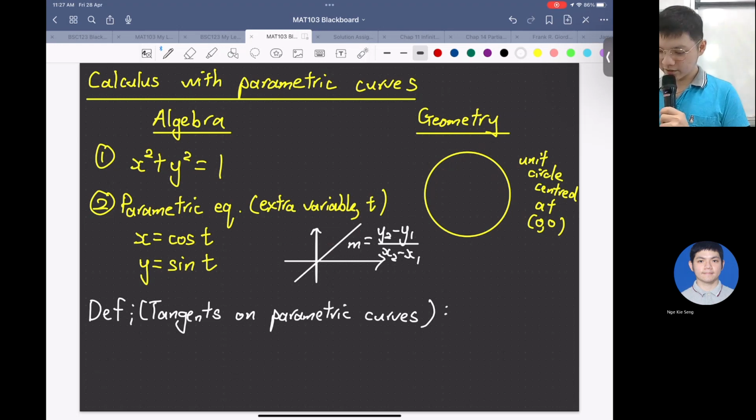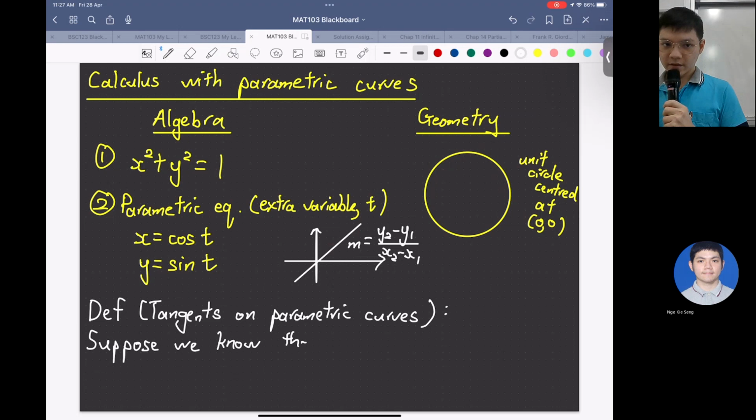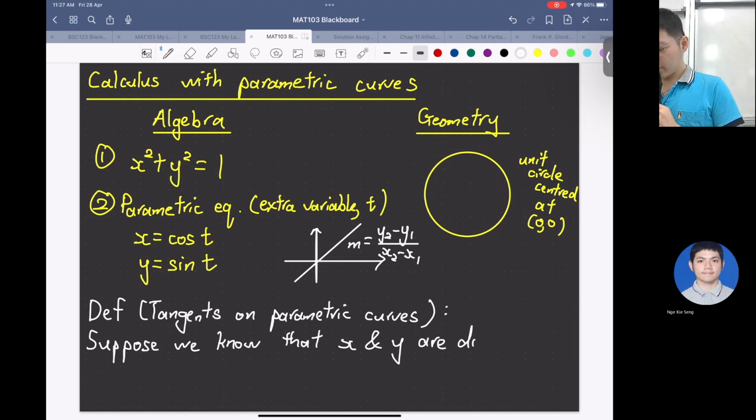But today suppose we know that x and y are differentiable with respect to t.